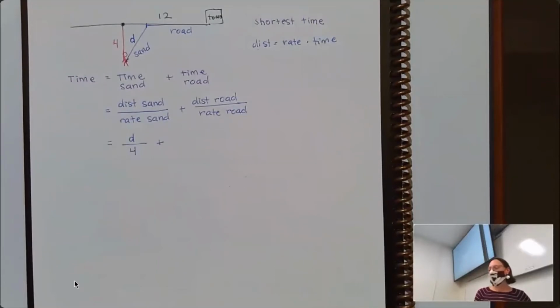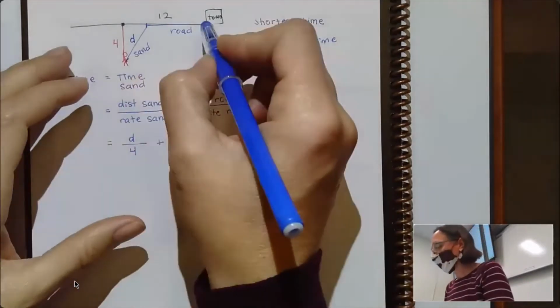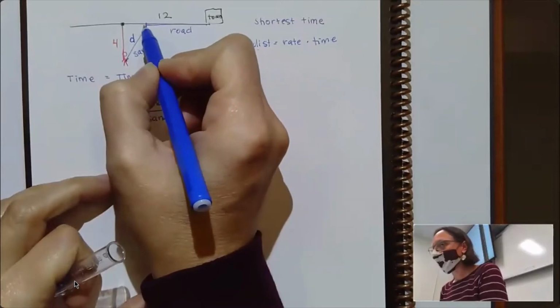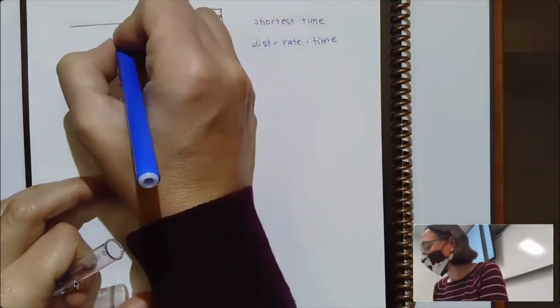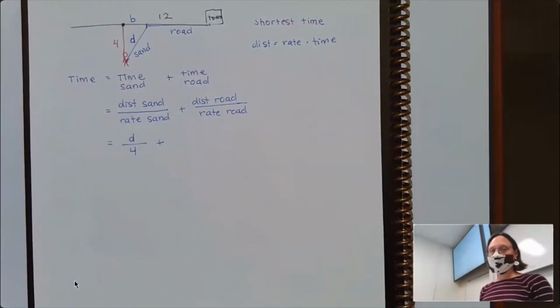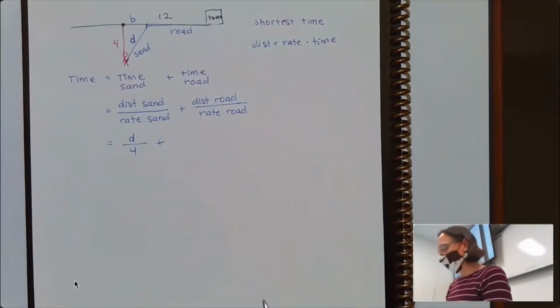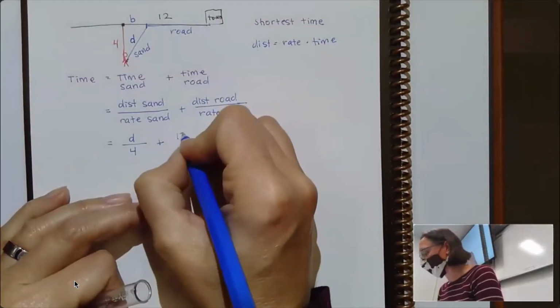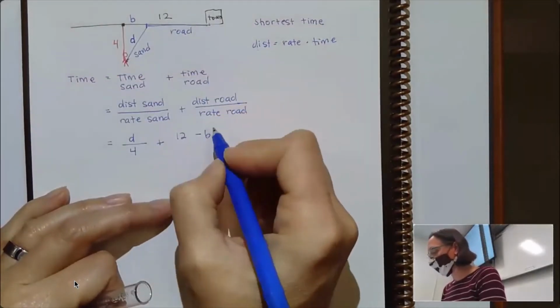Something minus 12. Yeah, for sure. Something minus 12 sounds good. So whatever this road piece is, it's that something minus 12. I'm just going to give that something a name. I'll give it B. So that distance on the road is definitely 12 minus that little b that we cut off over there.